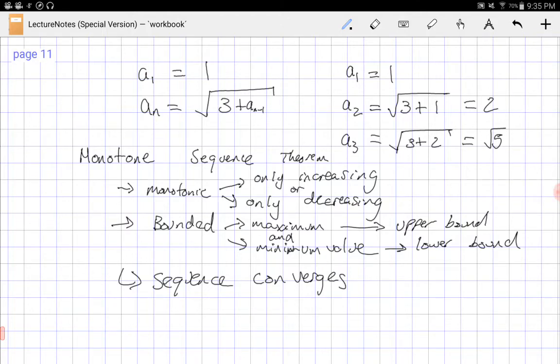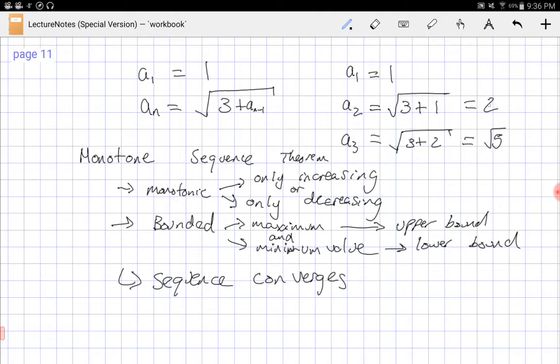Now, how do we prove that a sequence is monotonic, and how do we prove that the sequence is bounded? So proving that it's monotonic is kind of vague, right? Because is it increasing or is it decreasing? So usually what we prove is that the sequence is strictly increasing or that the sequence is strictly decreasing.